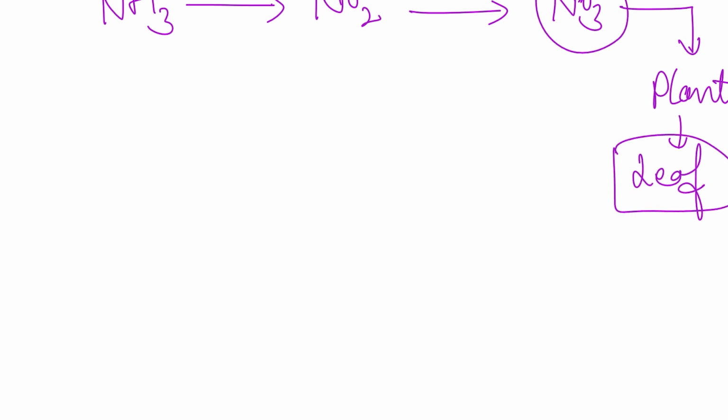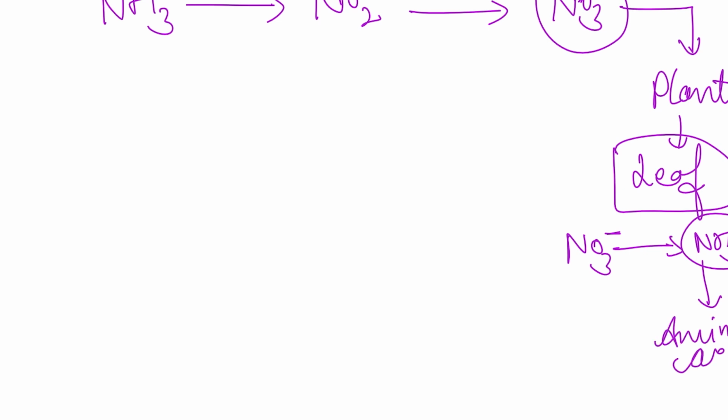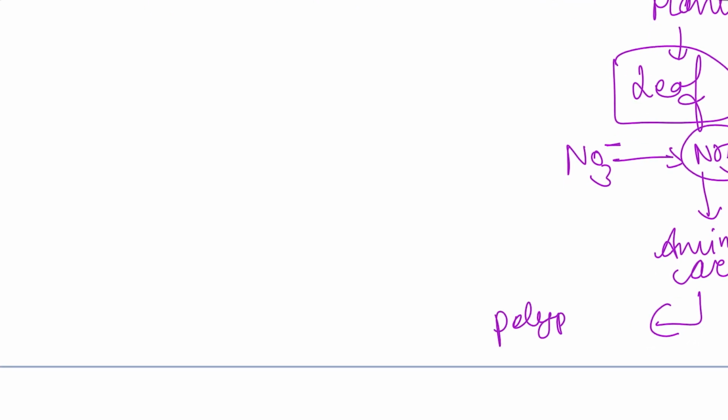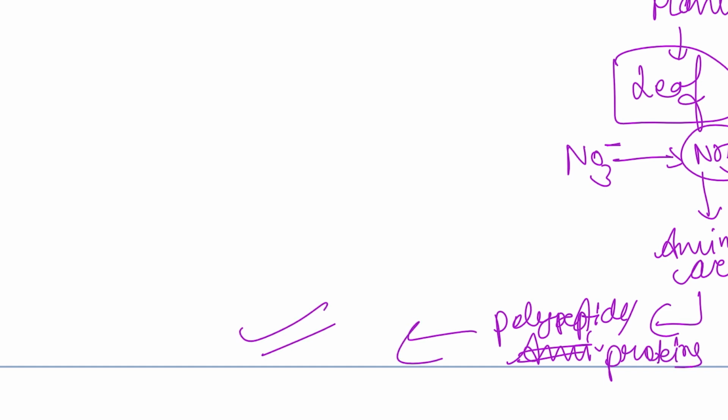Here in the leaf, nitrate is converted back to ammonia. This ammonia is used to make various amino acids. These amino acids form chains to form a polypeptide, or protein. Okay, and this protein can be used for various purposes.